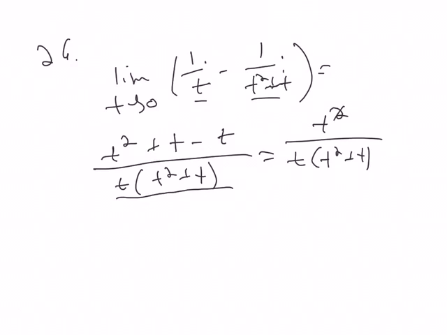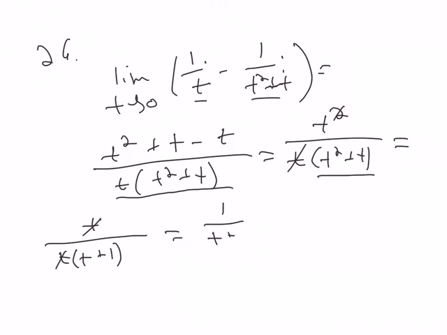We can take out a t from here, so we have t times (t plus 1). And now these t's cancel. So this is the same as 1 over (t plus 1). And now as t goes to 0, this is the same as 1. So the limit of this is 1.